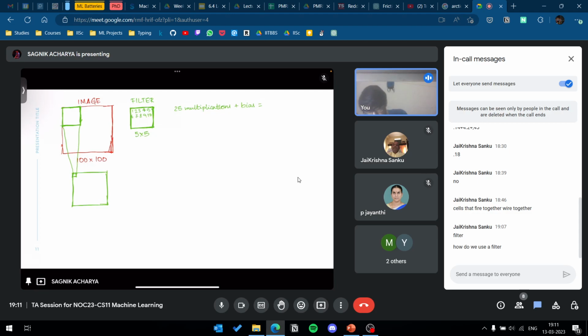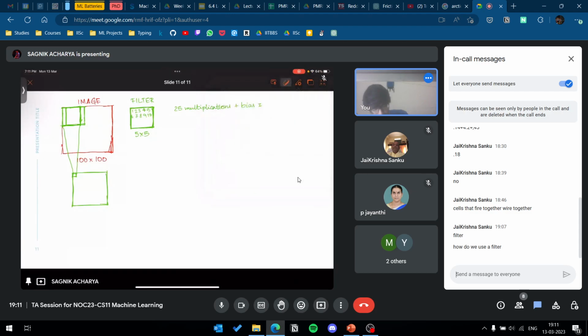Then again you'll shift this filter by one cell, do the same thing, 25 multiplications plus bias, and then again you put it in the next cell. This is how you build this new matrix, and that is how you use a filter. Yeah, that is the basic idea.